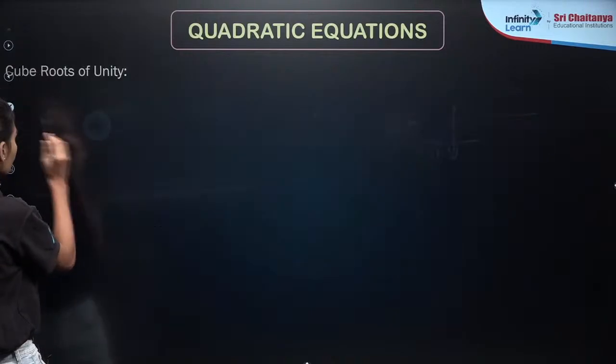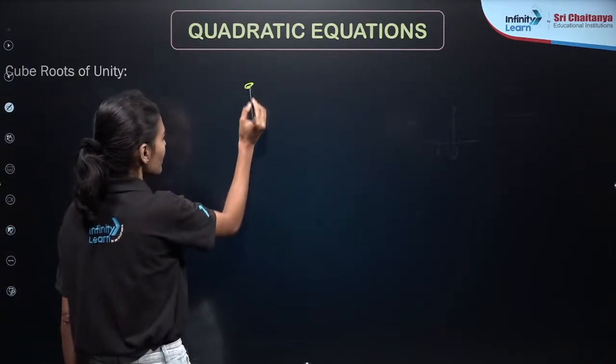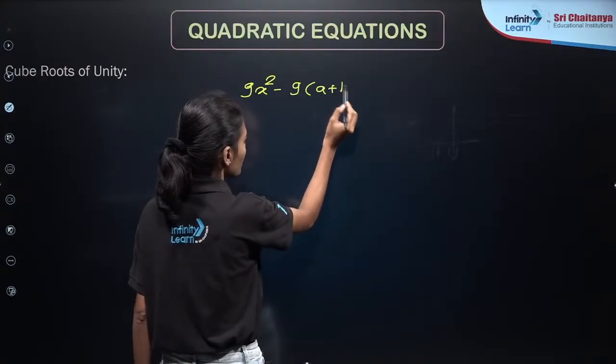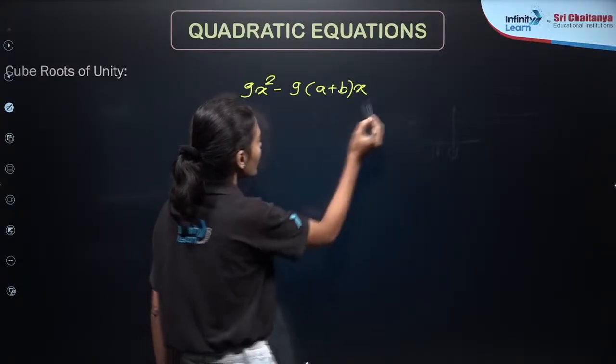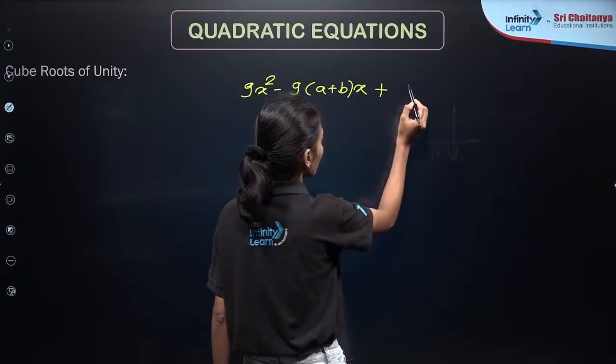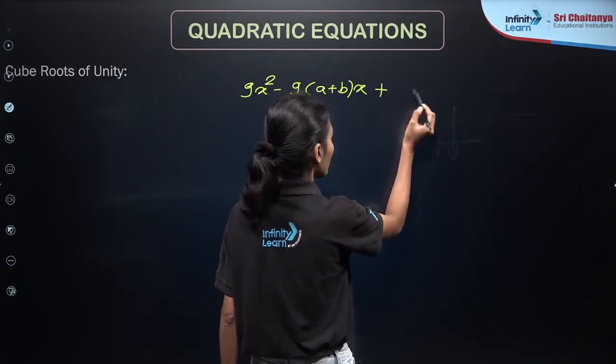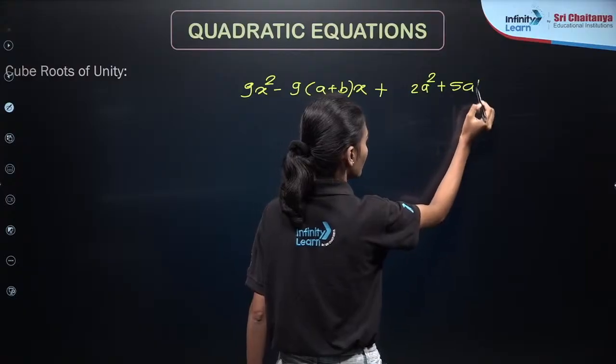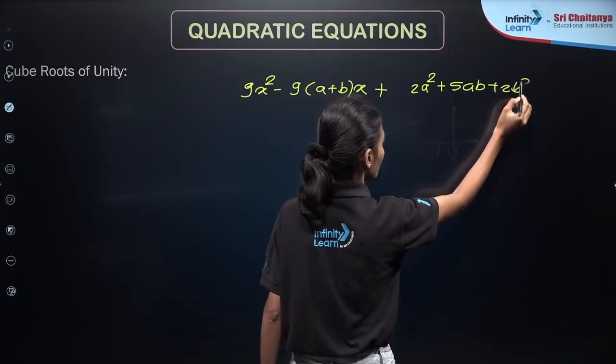So here your equation is 9x square minus 9 times (a plus b) times x, and then plus 2a square plus 5ab plus 2b square.